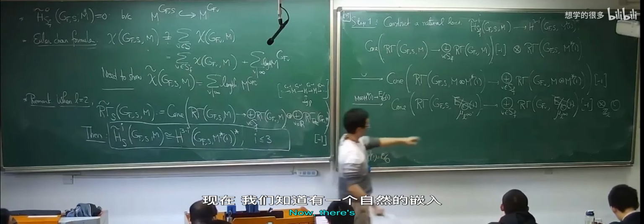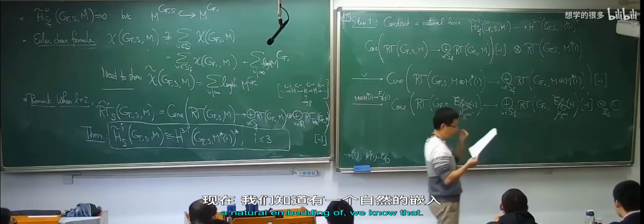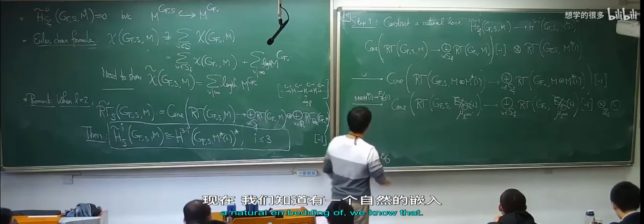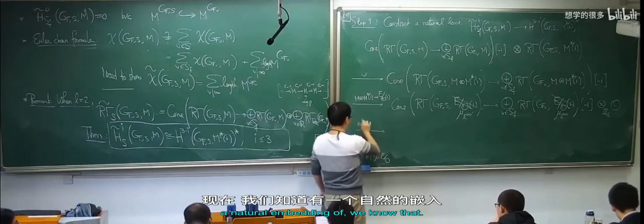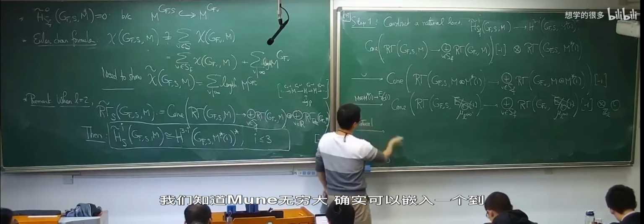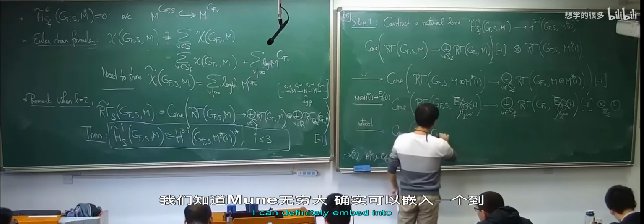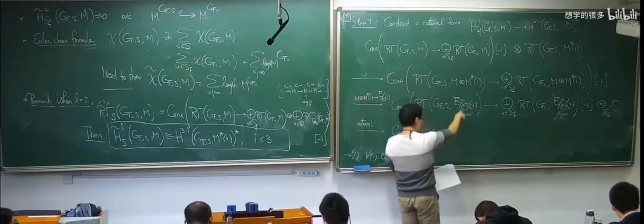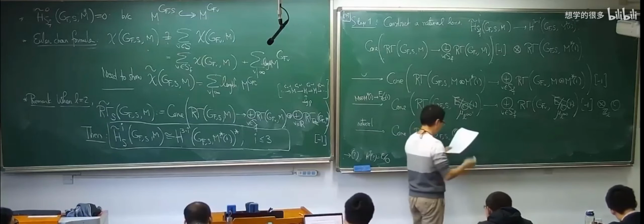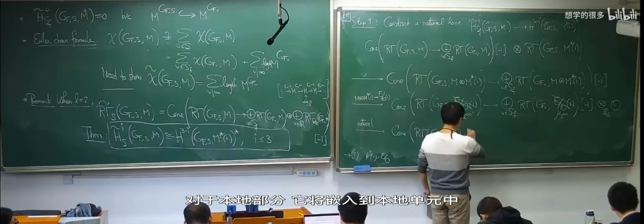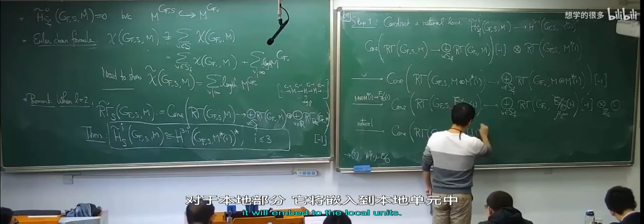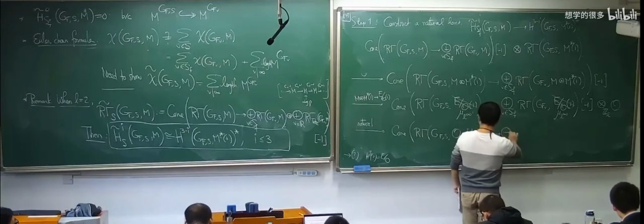Now, there's a natural embedding. We know that the mu infinity, for the global one, I can definitely embed into the global units. And for the local one, it will embed to the local units.